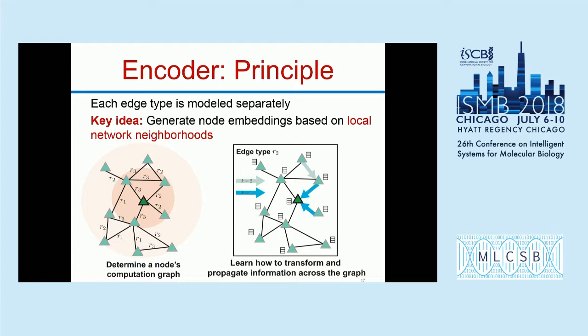In the R2 channel, which is the R2 edge type, this dark green node will receive information from 2 other neighbors through which it is connected through the R2 edge type. Similarly, for R3, it will receive information from 2 other neighbors that are related to this dark green node through the R3 edge type. Then it will learn how to aggregate that information and use it as input to the next layer.